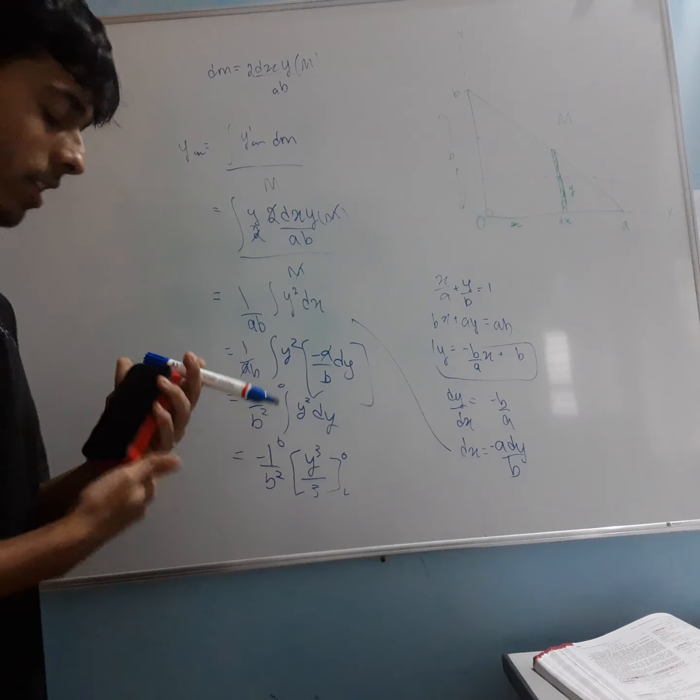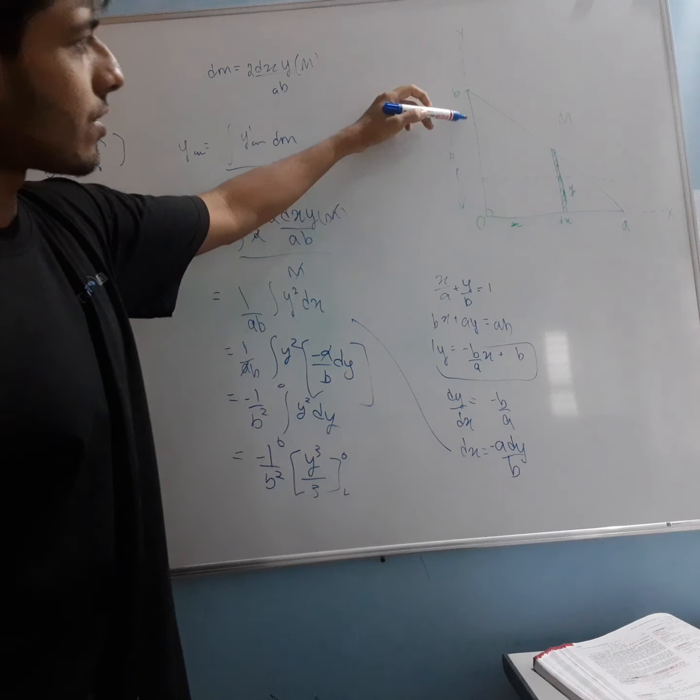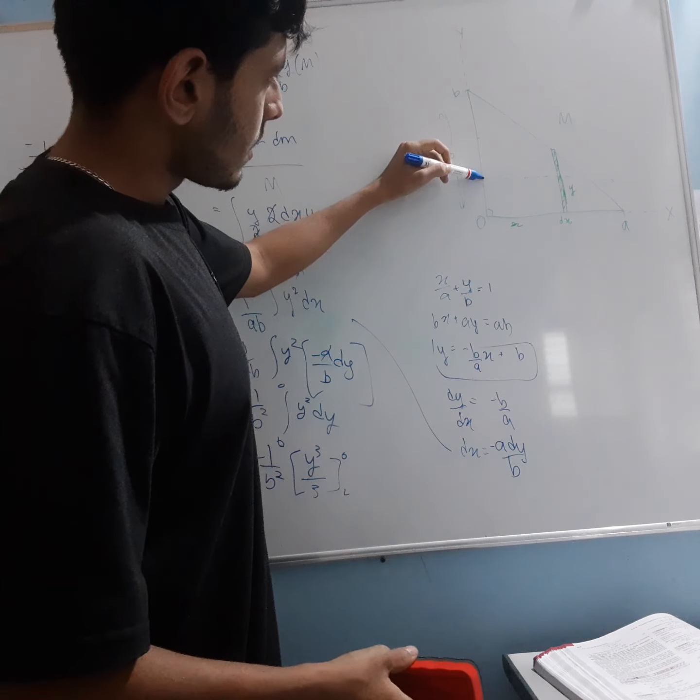And let me just write the answer over here. What you get is minus 1 over b square into minus b cube upon 3, and this simplifies to b over 3. So your y center of mass is b over 3, and it makes sense.